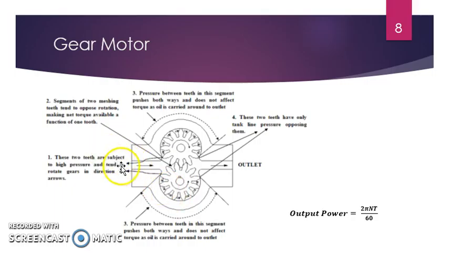The pressurized oil is sent to the inlet port of the motor. The pressure is then applied to the gear tooth, causing the gears and output shaft to rotate. The pressure builds until enough torque is generated to rotate the output shaft against the load.